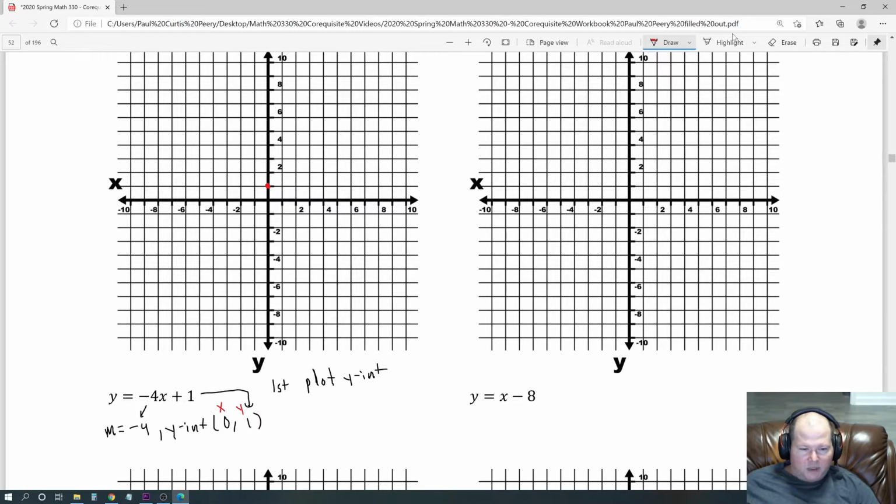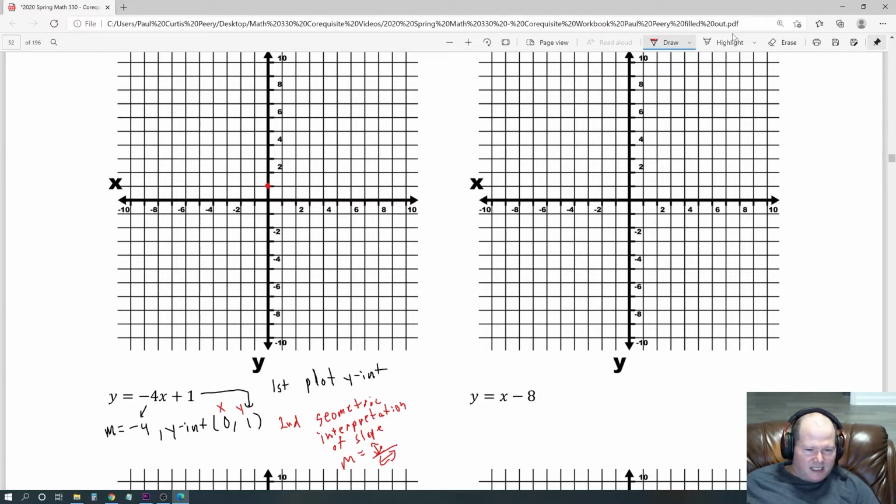Okay, now what you're going to use second, you're going to use the geometric interpretation of the slope. That's way more complicated sounding than it is. Which basically means m is simply going to be vertical over the horizontal, right?